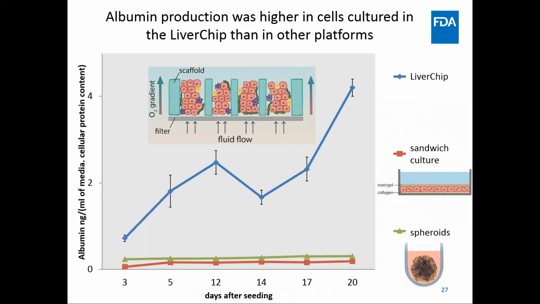So we used primary hepatocytes, and we assayed albumin throughout 20 days after seeding these cells. And as we can see here, the production, normalized to number of cells and amount of media, the production of albumin is much higher in the LiverChip than it is in sandwich cultures or spheroids.